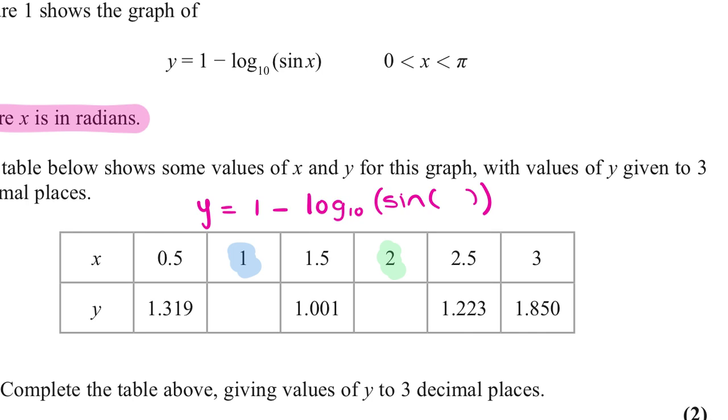So I'm going to do 1 minus log to the base 10 of sine of 1. Close brackets. So 1.0749. Everyone else has got 3 decimal places, so I'd stick with 3, and I'd make sure you round appropriately.